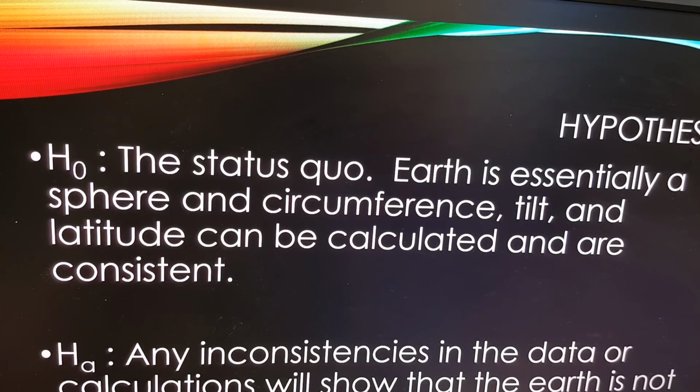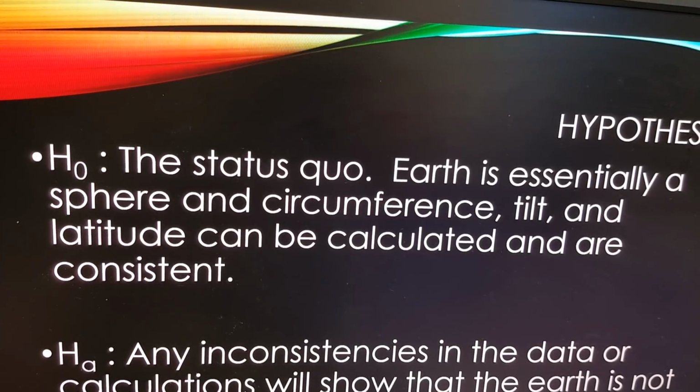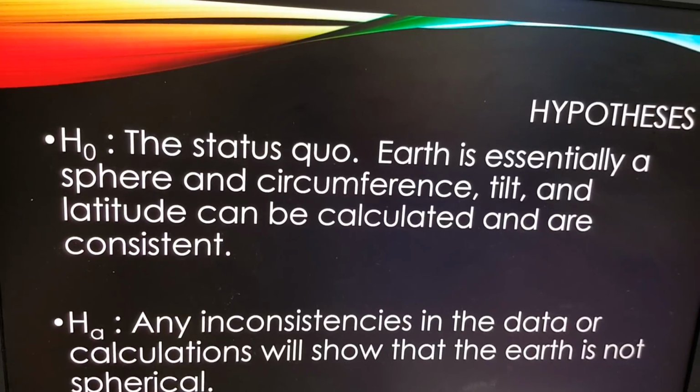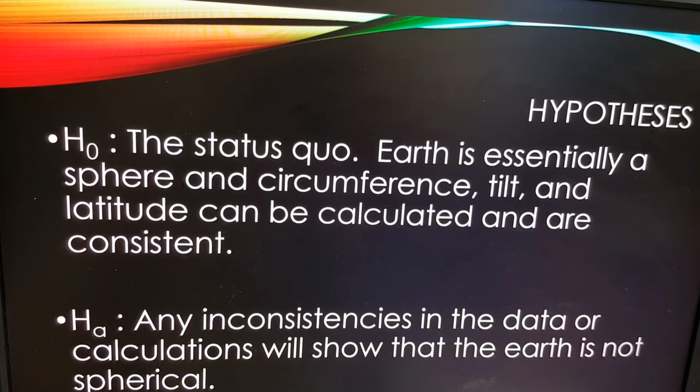So first of all, in the scientific method, we have the hypotheses. First hypothesis is the status quo. Basically, Earth is essentially a sphere.